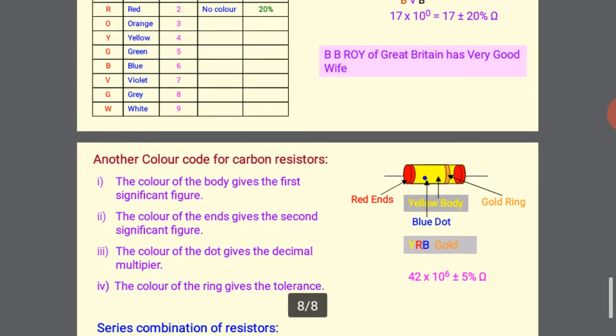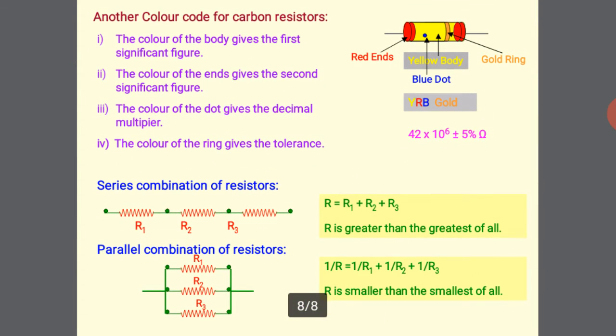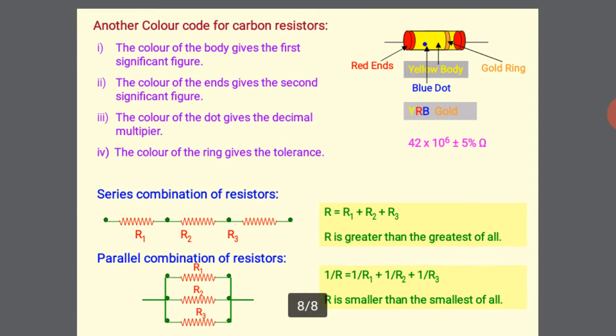Now here is another color code for carbon resistances, in which the color of the body gives the first significant figure. As in the example, the color is yellow. The color of the ends gives the second significant figure, and in our resistance it is red.